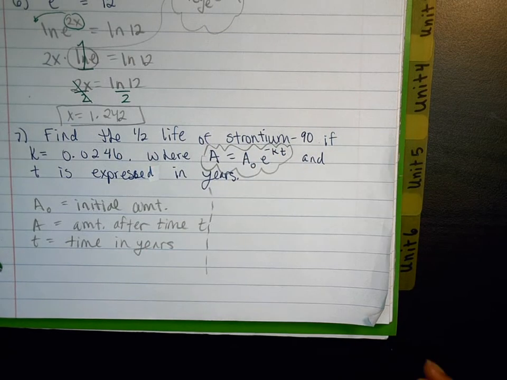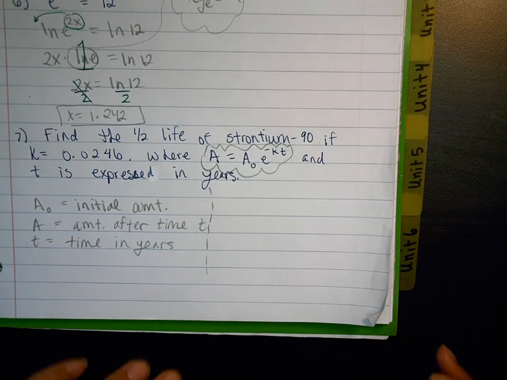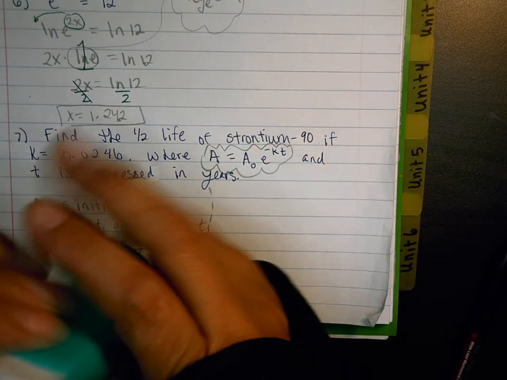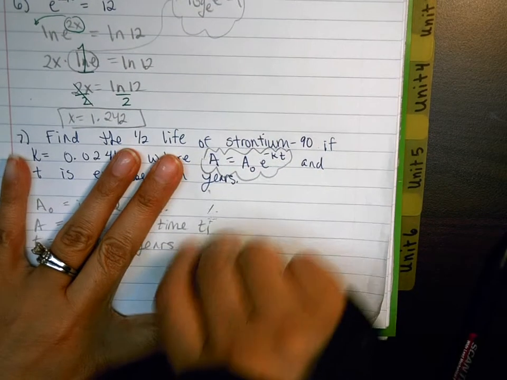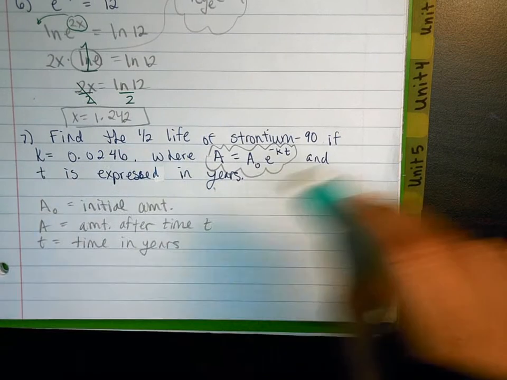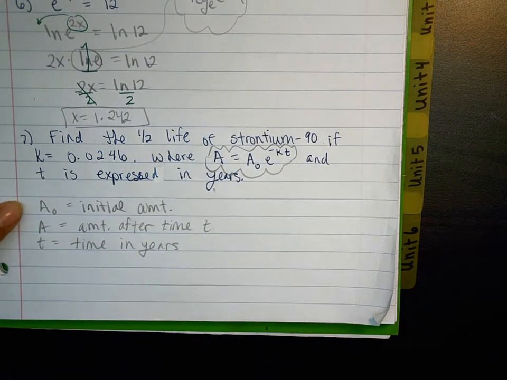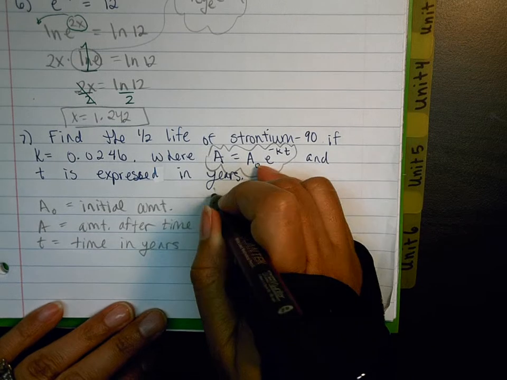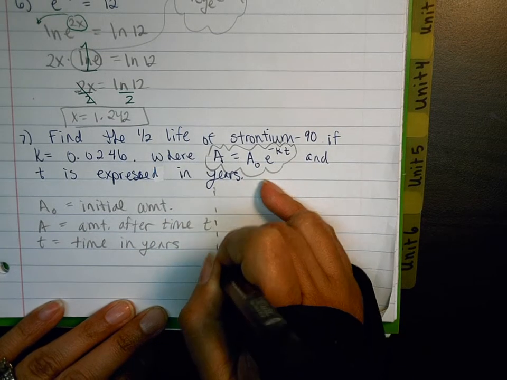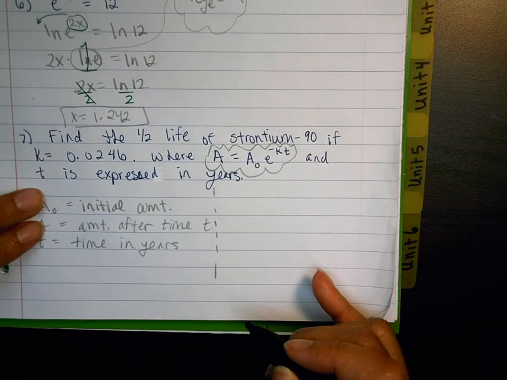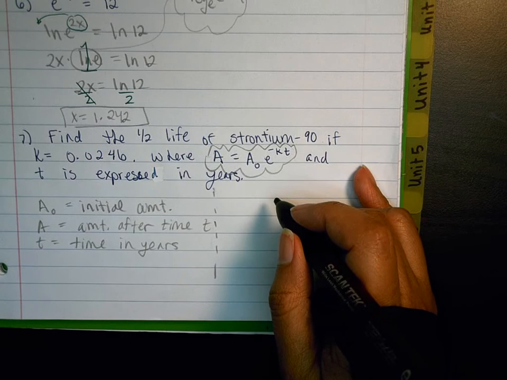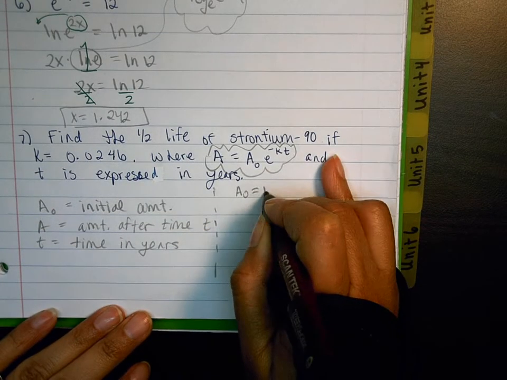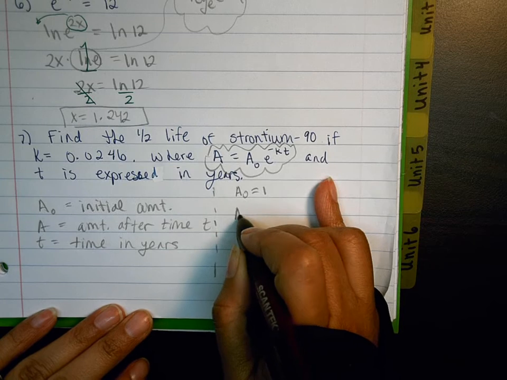Okay, so now what do you do when they don't tell you what you start with or what you ended with? I'm going to write that down right now. What is A naught and what is A? When they don't give you these, your initial amount, you always make your initial amount 1, and your amount after the given time.